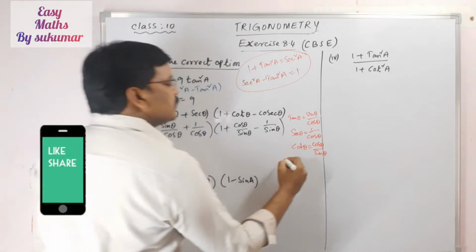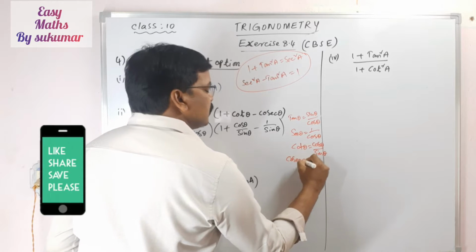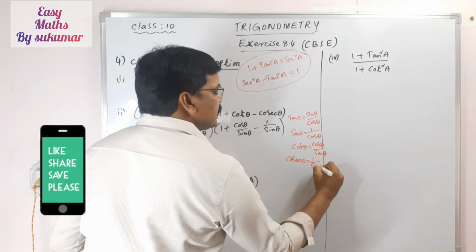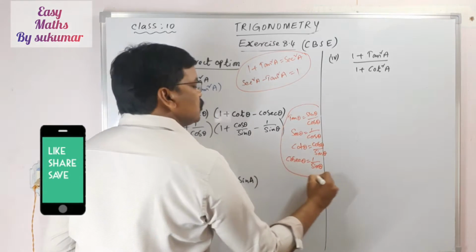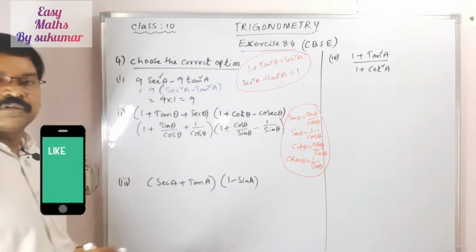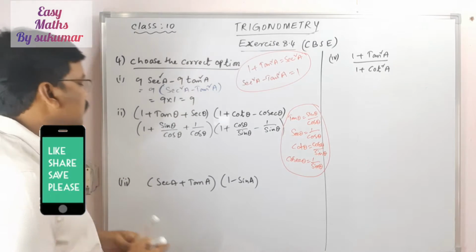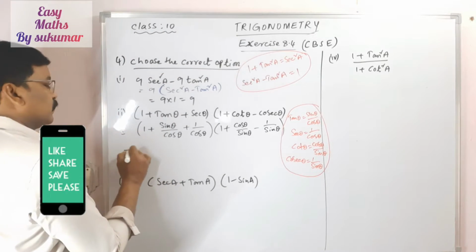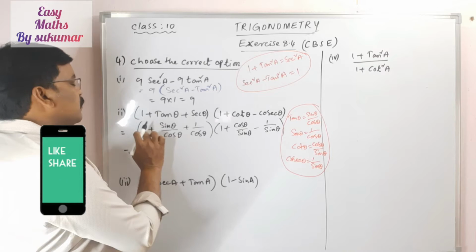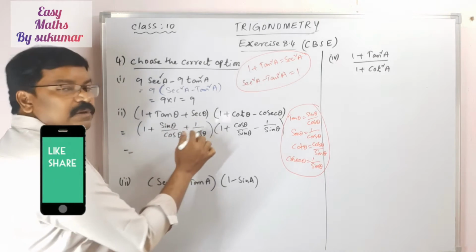Cosecant theta means what? Cosecant theta is the reciprocal of sin theta, that is 1 by sin theta. So my dear students, I use these formulas. Now here, 1 plus sin theta by cos theta plus 1 by cos theta.